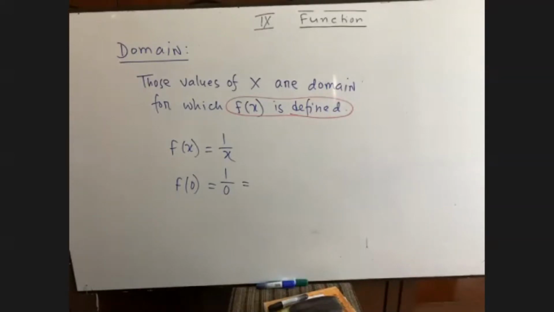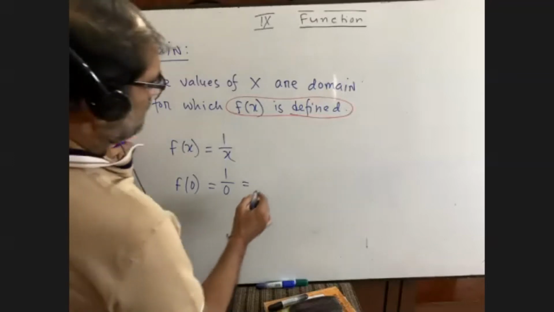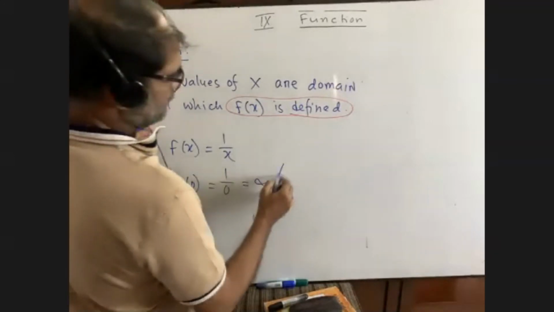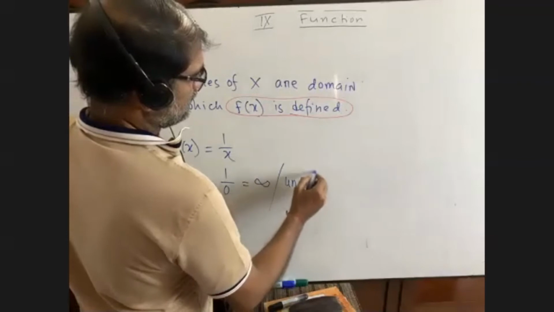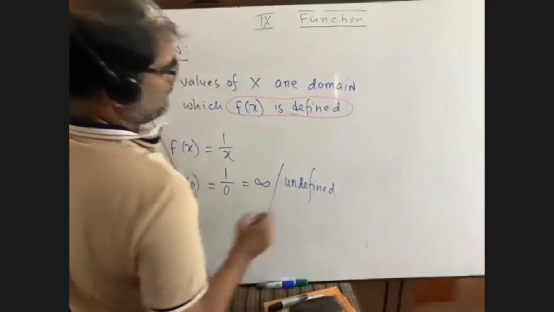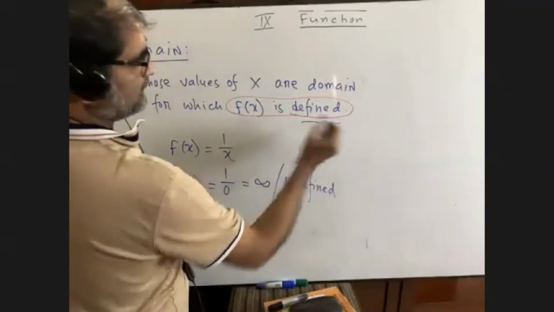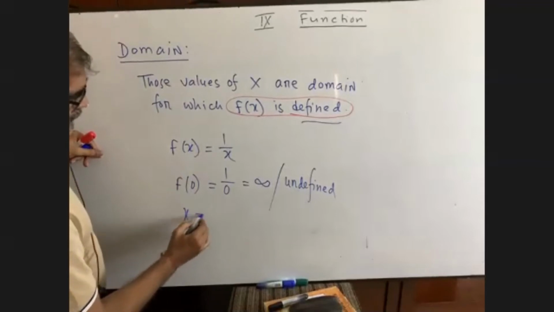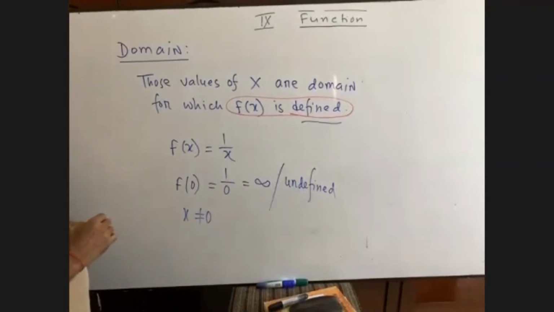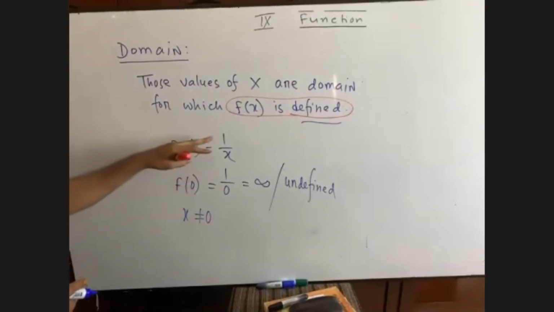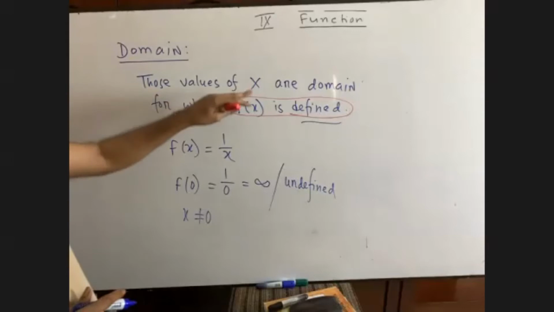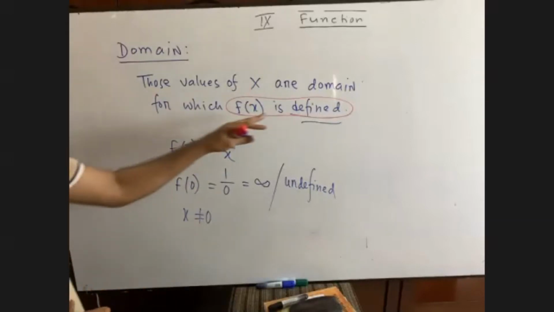Sir, undefined is coming. Okay, yes, it is undefined. But I wrote here defined. So here x is not equal to 0. If x is 0, it is 1 by 0, it is undefined. So what I wrote: those values of x are domain for which f(x) is defined.